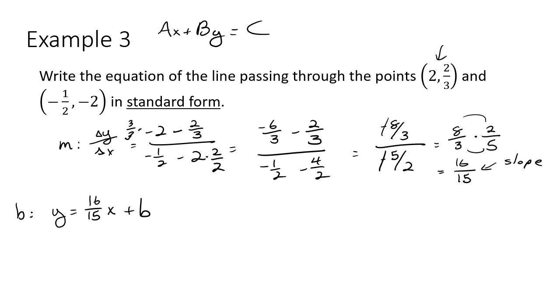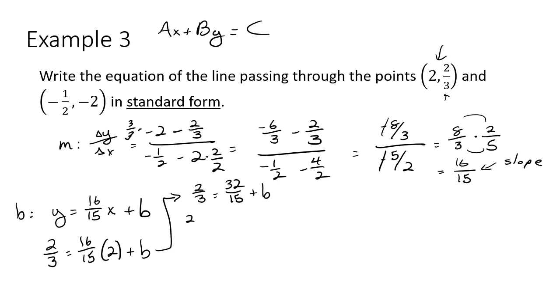And so if I plug in 2/3 for y, 2/3 is equal to 16/15, and now I plug in 2 for x, plus b. You multiply a fraction by 2, just doubles the numerator, so we get 32/15 plus b.